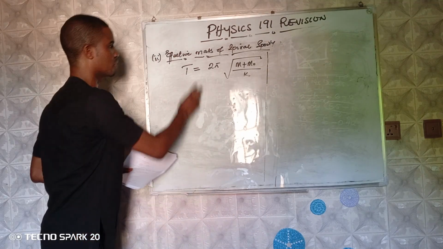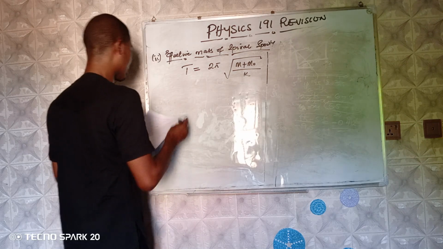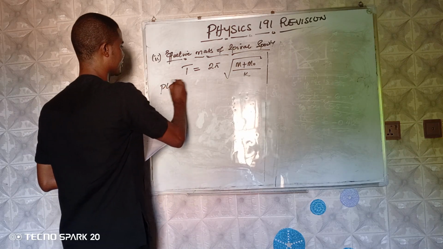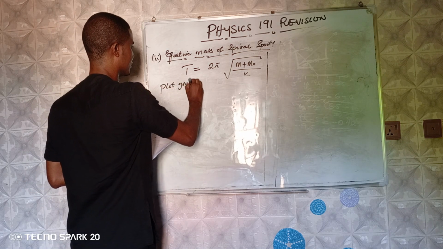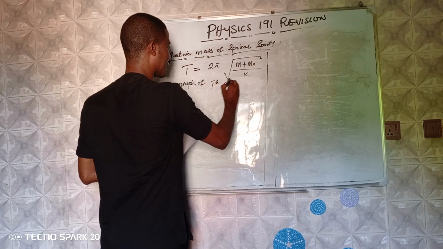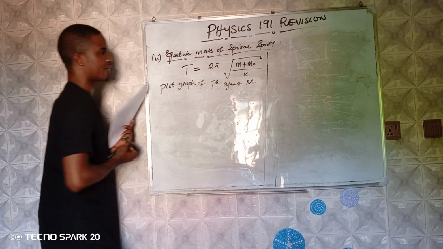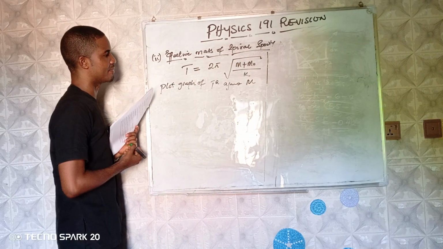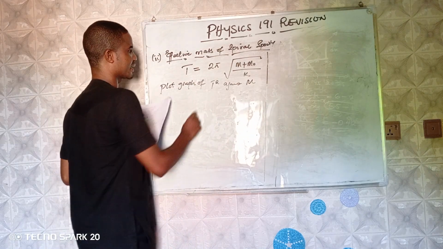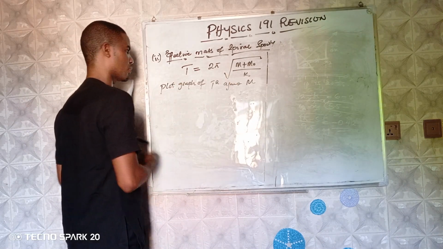So we return to linearizing this. If I'm to linearize this, they say we should plot a graph of t square against m. So that means I need t square and I need this m. So I'll square both sides.